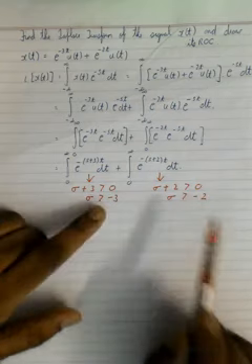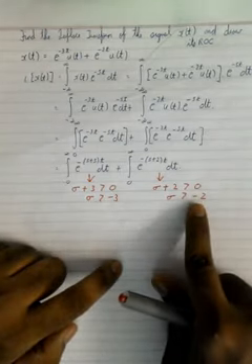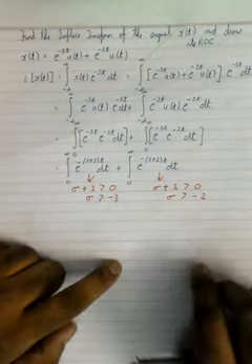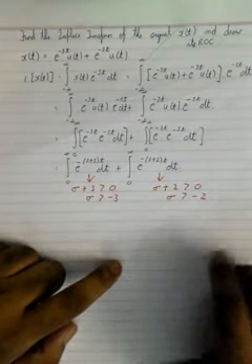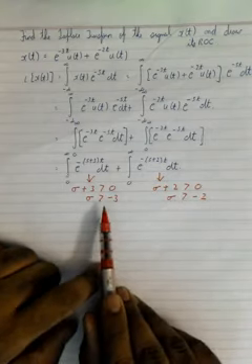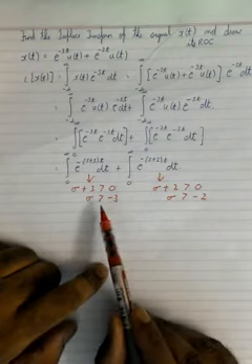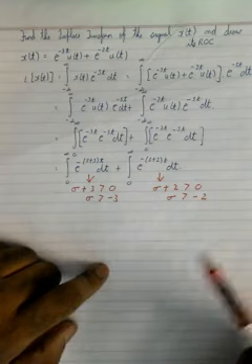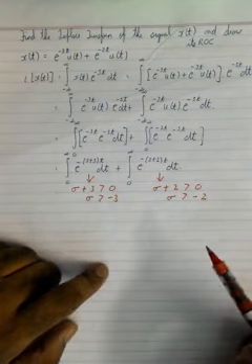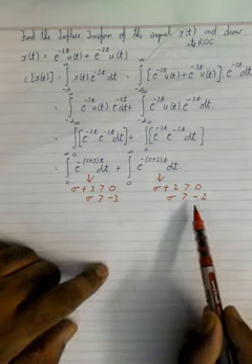Looking at these two values, you can immediately understand that one ROC actually covers the other ROC also. All the values that are greater than -2 are also greater than -3, right? But not all the values that are greater than -3 are greater than -2. For example, -2.5 is greater than -3, but it is less than -2.